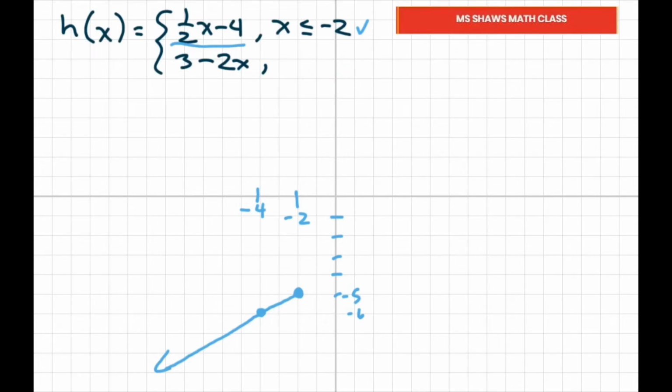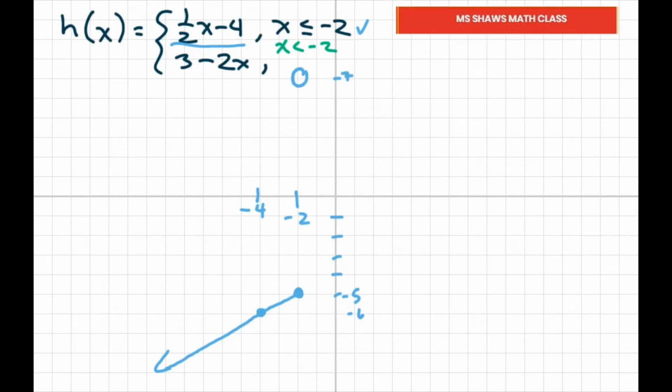At -2, we're going up to 7, which is about here. This was x less than or equal to -2, but here it can't equal it, so I'm going to draw an open circle. It's open. We're going to call this 7.